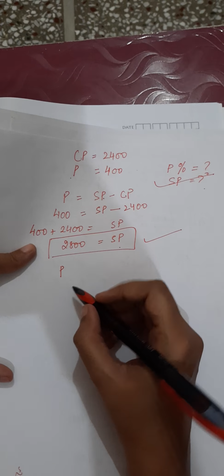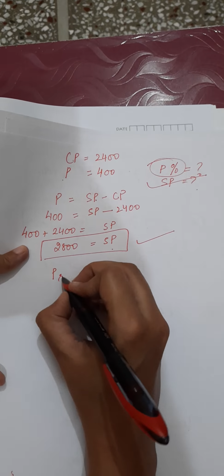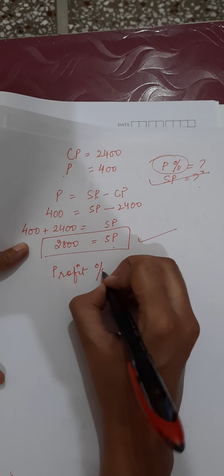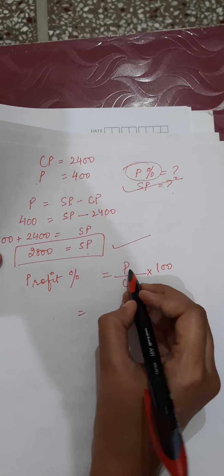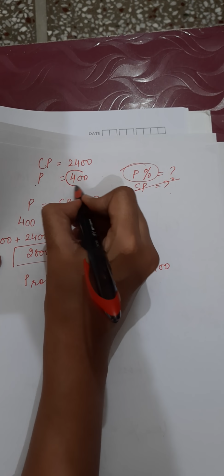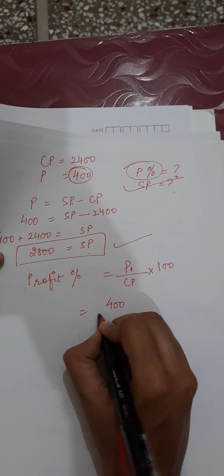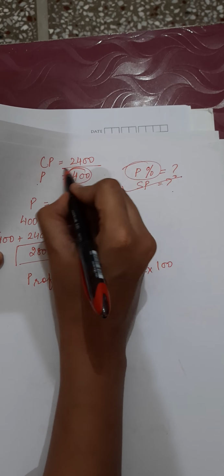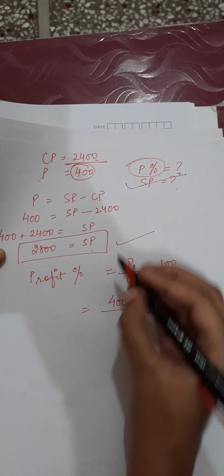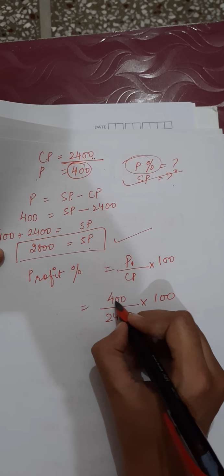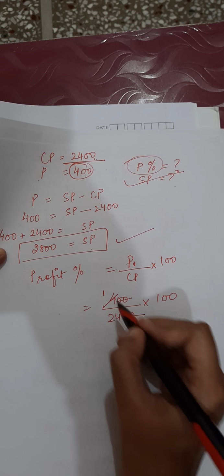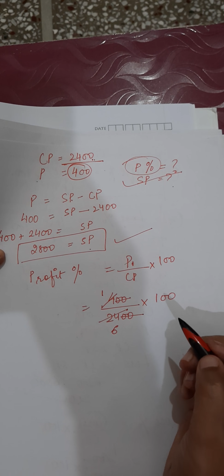Okay, now next is profit percent. SP we have taken. Now we have to find the profit percent. Now what is profit percent? Profit upon CP into 100. What was the profit given? 400. So you are going to write here 400 upon CP. What is the value of the cost price? 2400. Multiply by 100. 0 cancelled with 0. 4 ones are, 4 6 are 24.